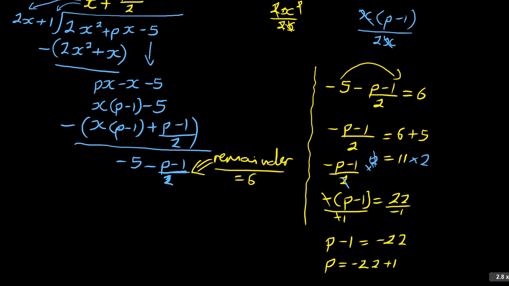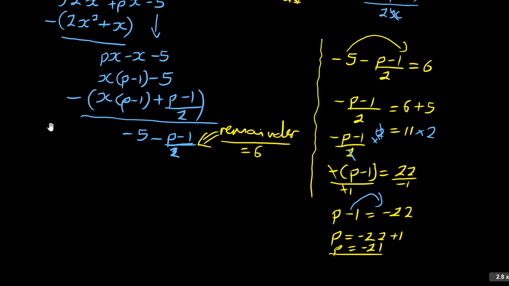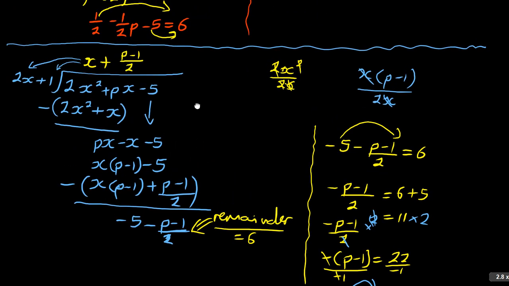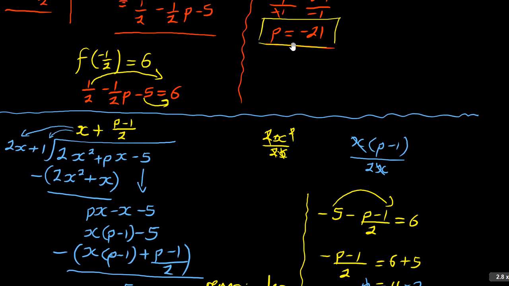Why? Because the negative 1 did cross the sign, and then I'll have p is equal to negative 21. So you can see now that my p is negative 21, and if I'm not mistaken, it is the same answer as the previous answer of p, where we also got a p of negative 21.